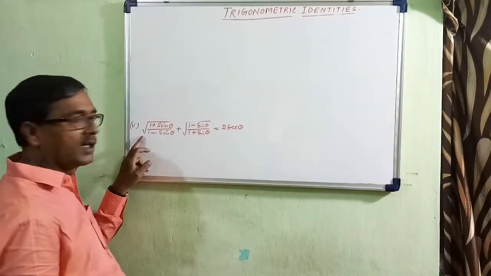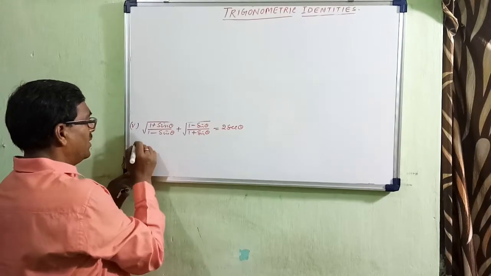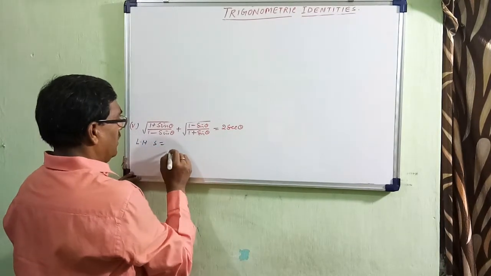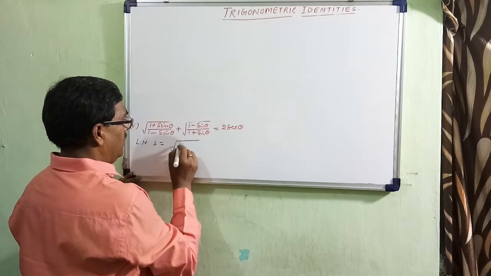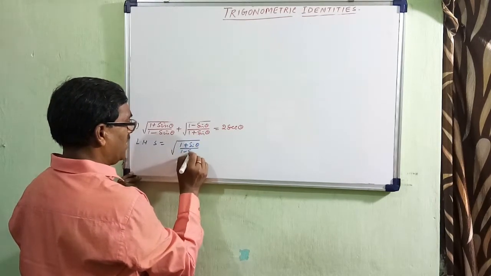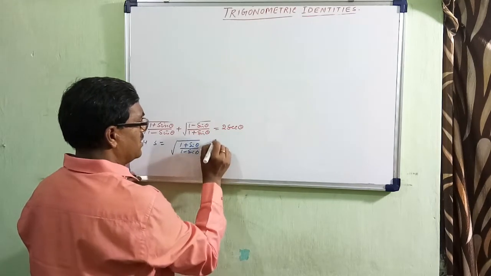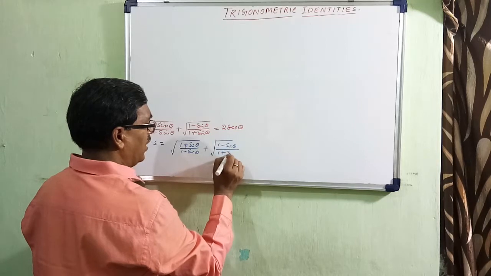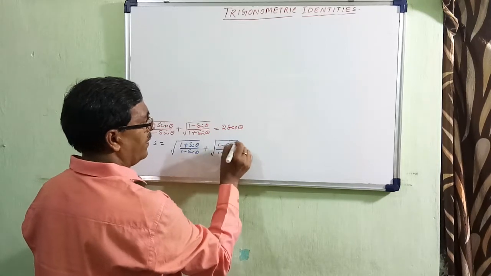So this is the answer to be proved. Now let us discuss the last question. What is that? LHS: root of (1 plus sin theta) by (1 minus sin theta) plus root of (1 minus sin theta) by (1 plus sin theta).